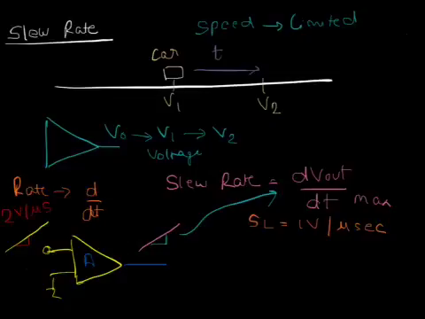In that case, the output is not going to be able to follow the input, and your op-amp won't actually behave the way you expect it to behave. So we have to make sure that the slew rate of the op-amp that we are going to choose is higher than the maximum input rate that we expect.